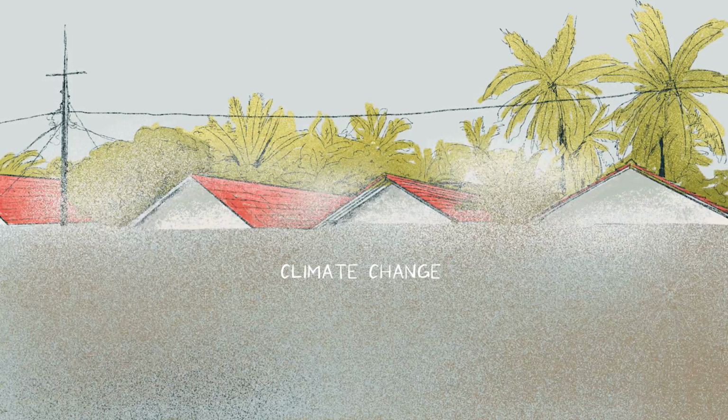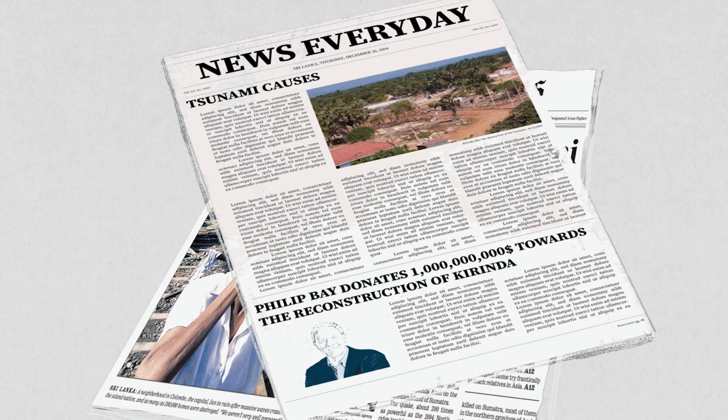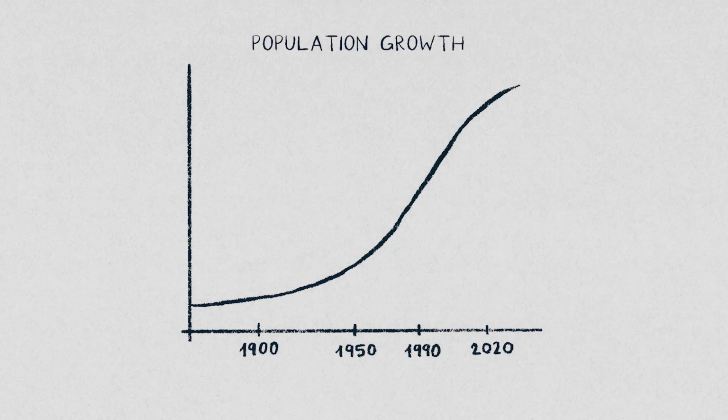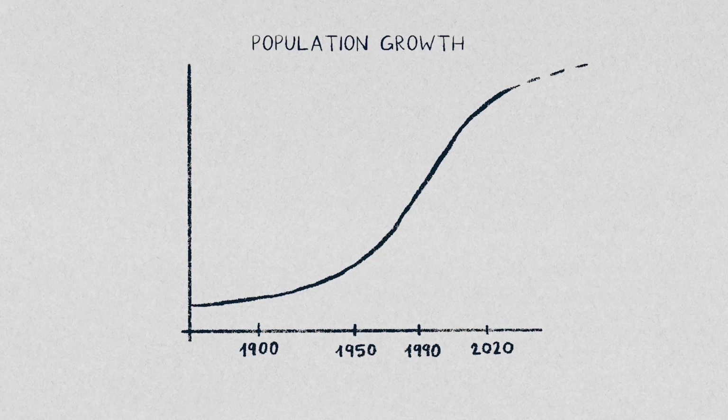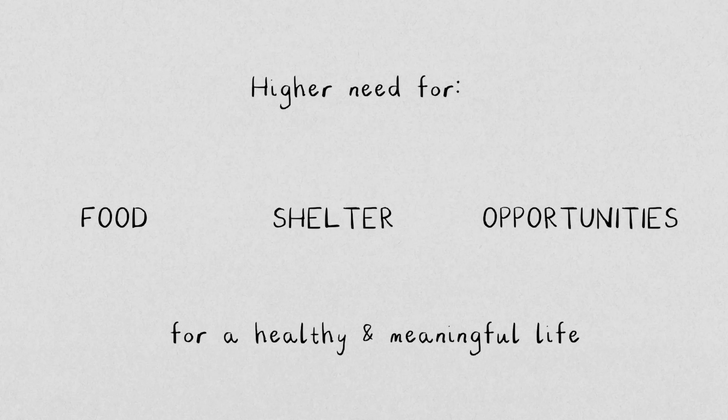Let us first draw a picture of the context and challenges at stake. Our planet is facing an alarming climate change with expected harsh consequences for current living conditions in many parts of the world. The Earth's human population is continuously growing and will do so for decades to come, meaning more people who need food, shelter, and opportunities to live healthy and meaningful lives.